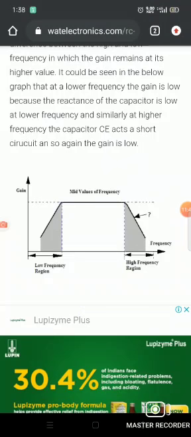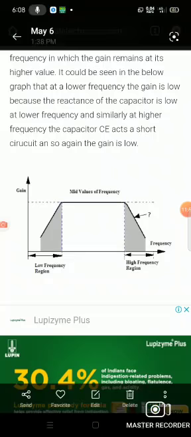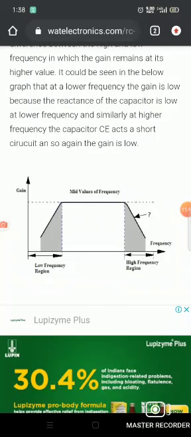Like this, coupling networks are considered for amplifier circuits for the amplification operation between the input and output. But this is the RC coupled method amplifier circuit response.